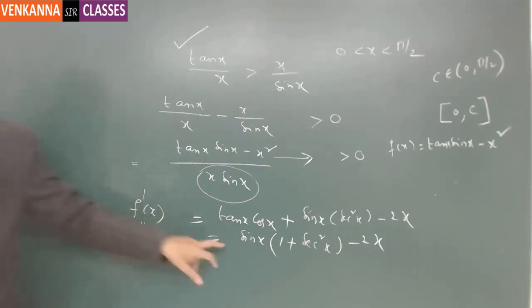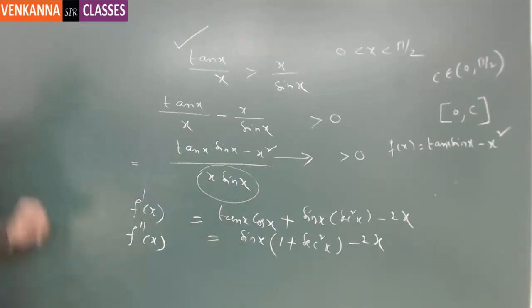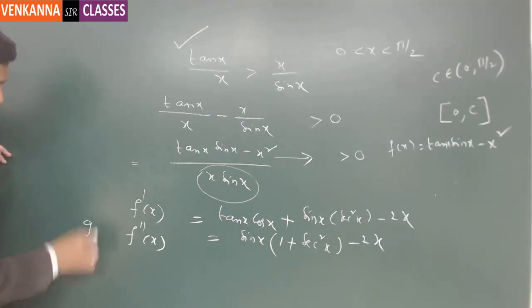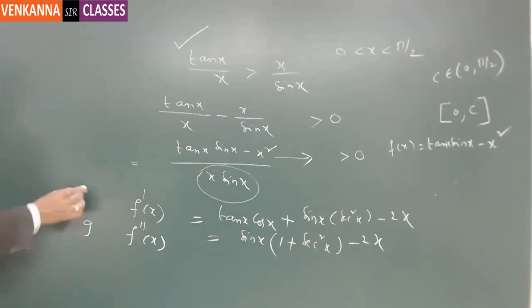Now again go with the differentiation here. I am going to take the double differentiation. So let us give a name: if you take g is equal to f dash of x, it will be g dash, f double dash of x.